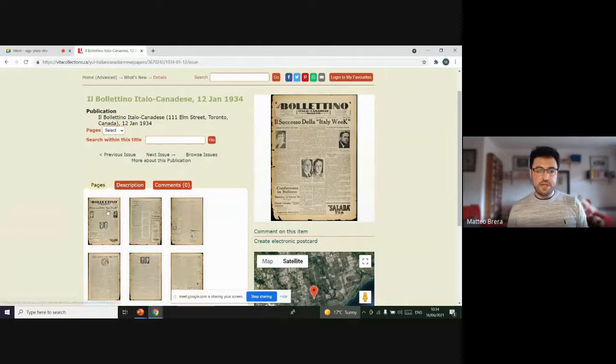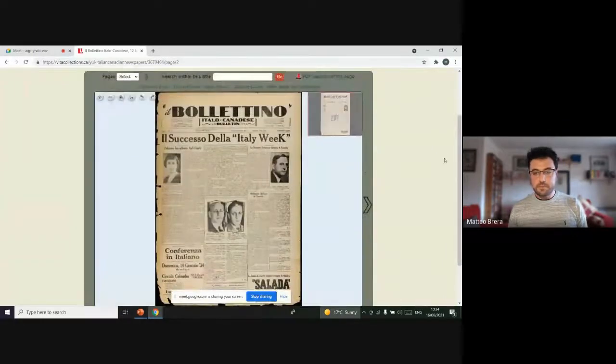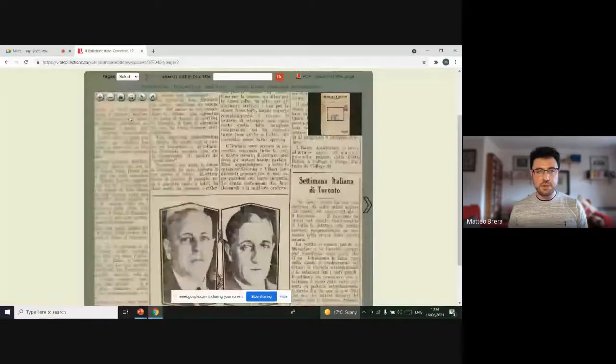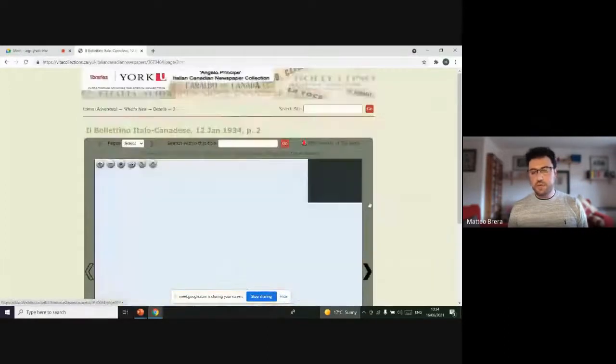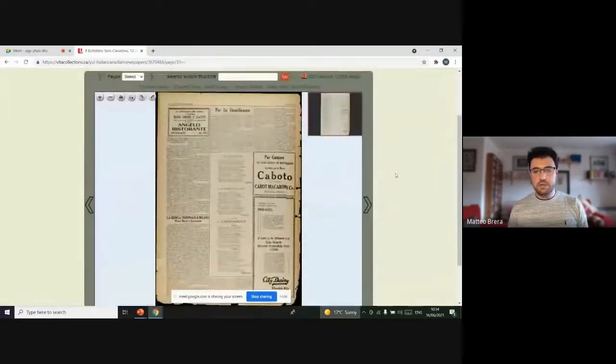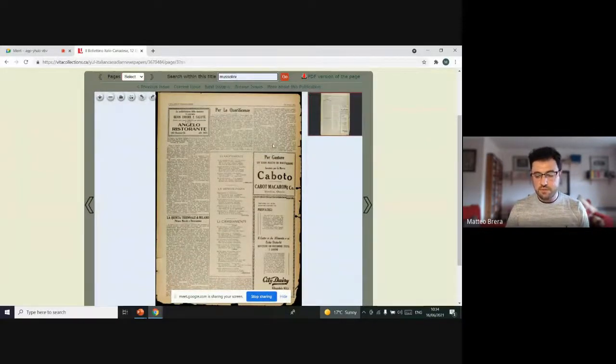Okay, the main page, and then all the pages you have in the collection. As you see, it's magnifiable, if I can use the word, so you can get to the text fairly well. You can browse through the whole collection. Of course, you can search. I could search for Mussolini, which you see I've already searched.